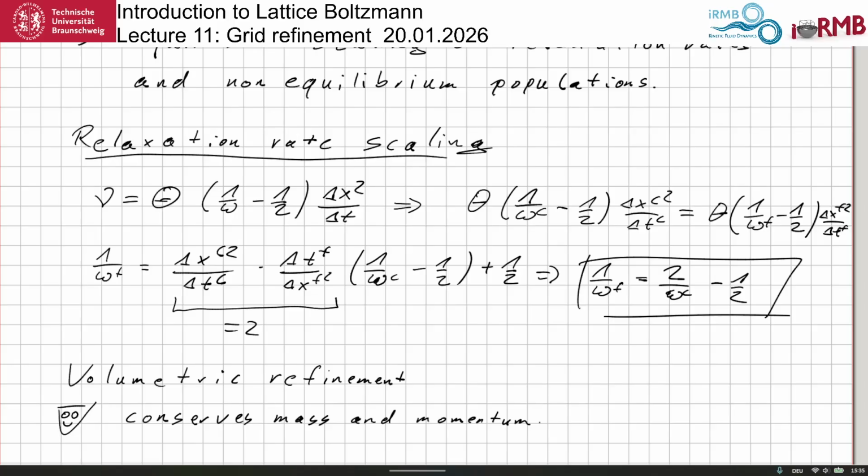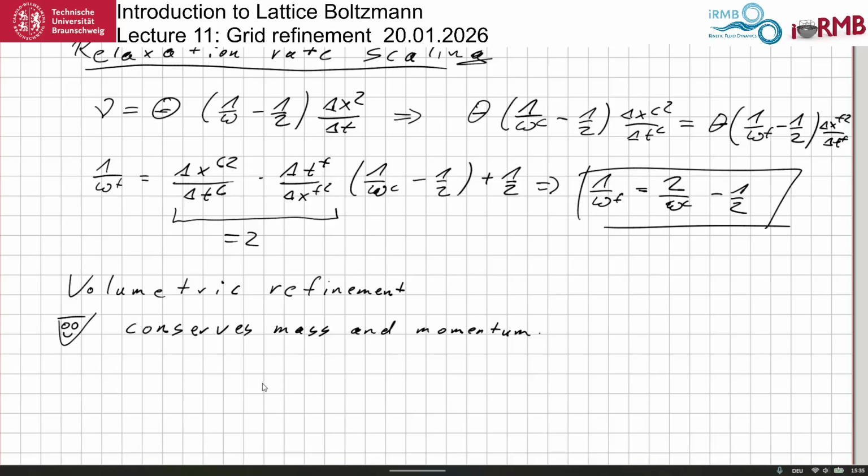But they usually also are not high order. Yeah, they are conserving mass and momentum, but conserving mass and momentum can be kind of a problem sometimes. Okay, I'm not going into detail why now.